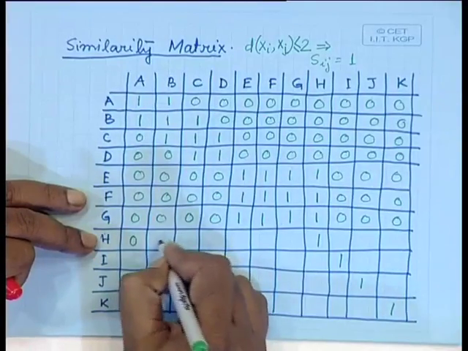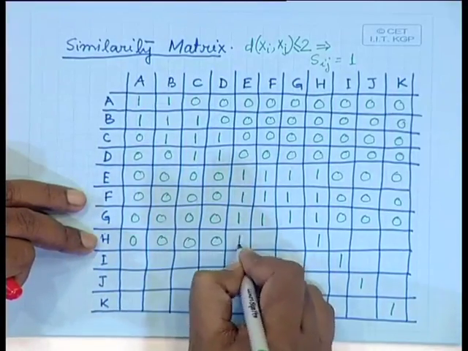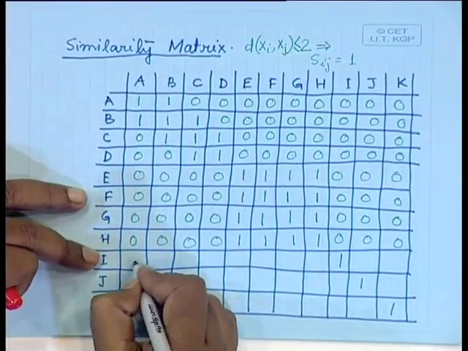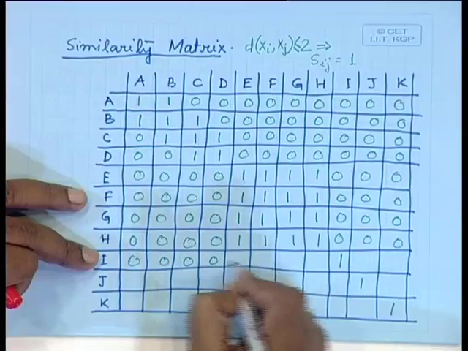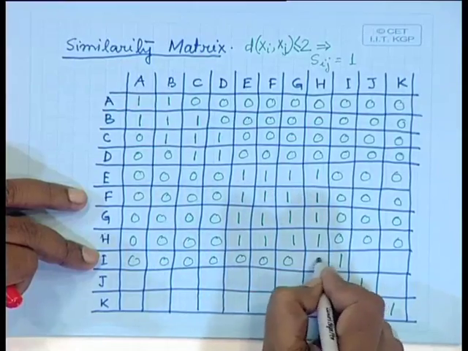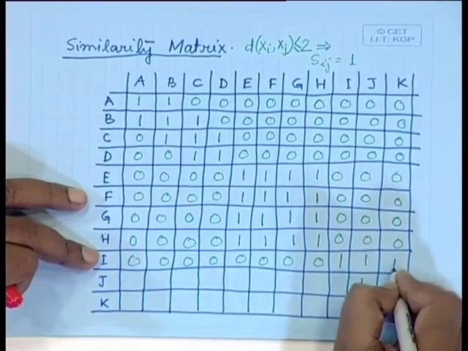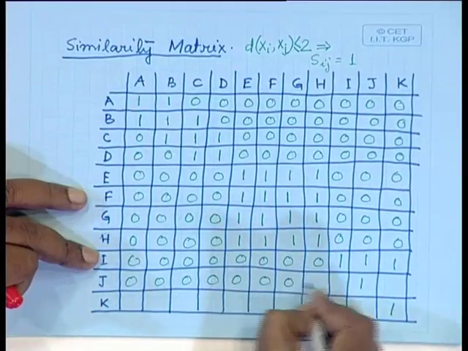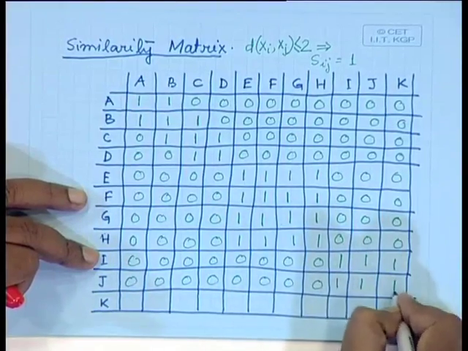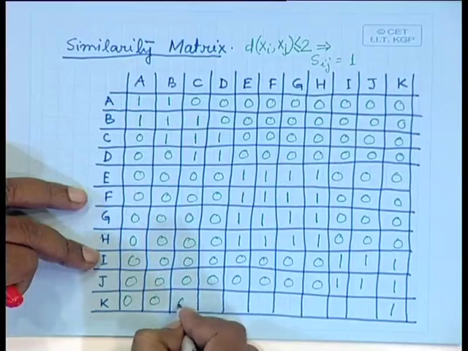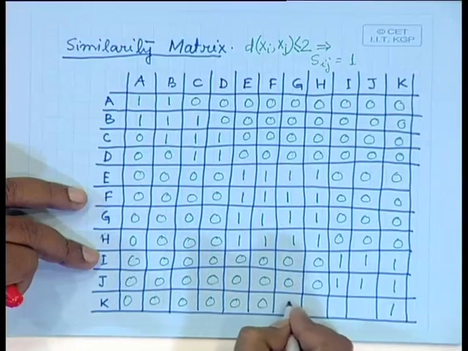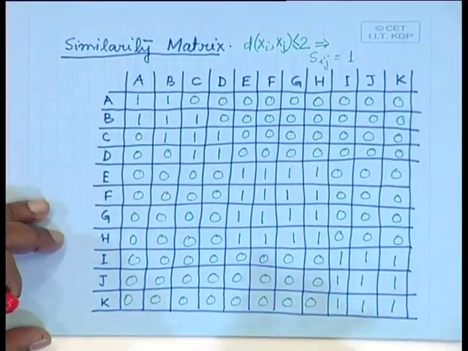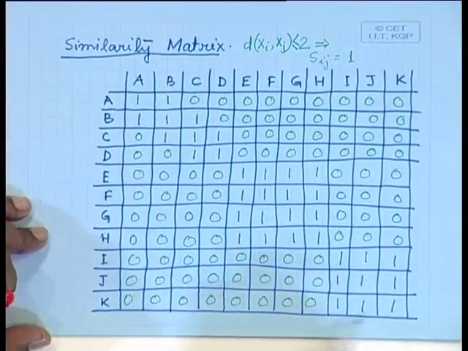Okay. So, the similarity matrix will be something like this.